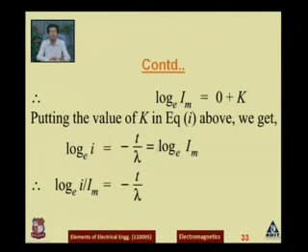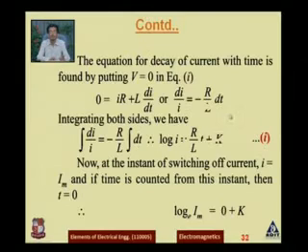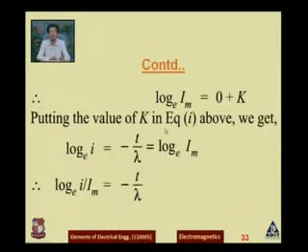Now we can write log Im base e is equal to 0 plus k, because in this condition we have discussed that t is equal to 0 and I is equal to Im, right? So the value of k is equal to log Im, base e.